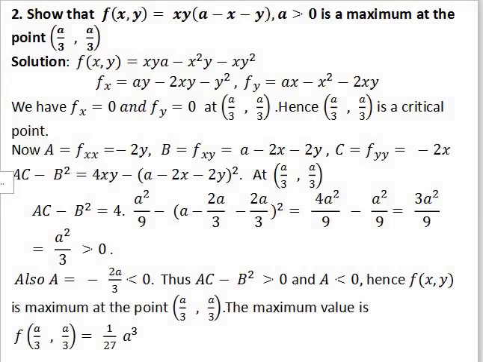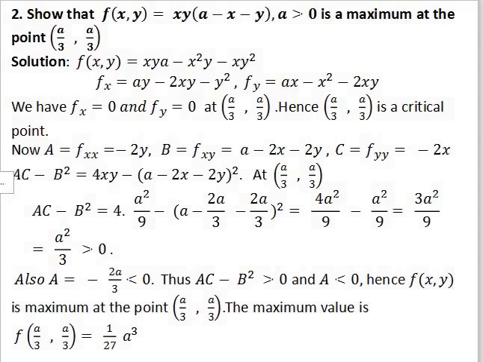Now we have to check. A = fxx, which means differentiate fx partially again with respect to x, that is ay gives 0, minus 2xy differentiates to minus 2y, y² becomes 0. B = fxy.